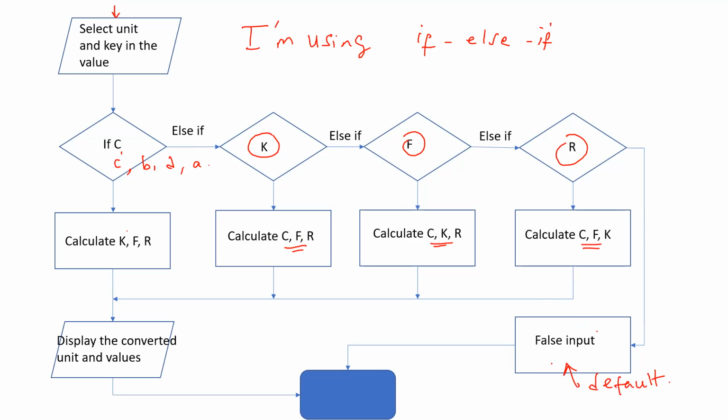Meaning that it doesn't apply in every condition, so it doesn't apply, and then this is my default case. And then it will stop my program. So this is how I am using if and then else if.